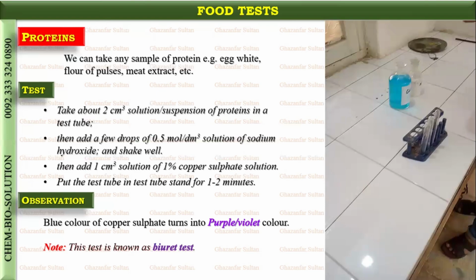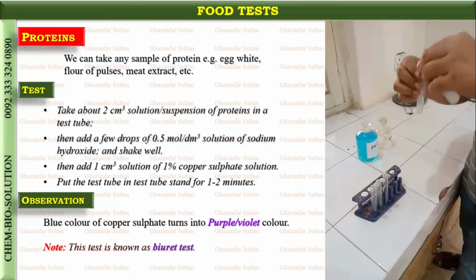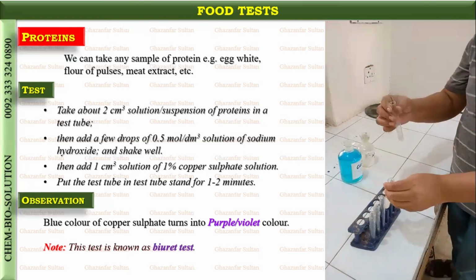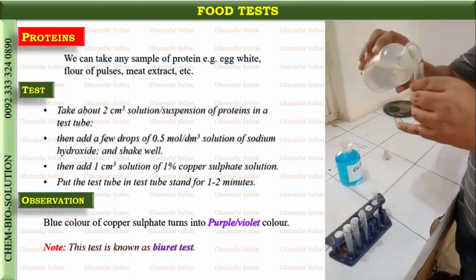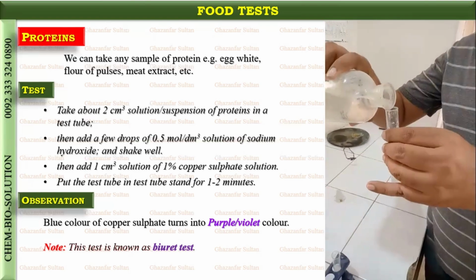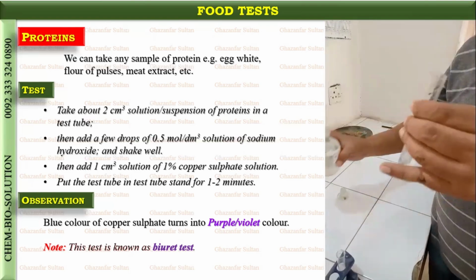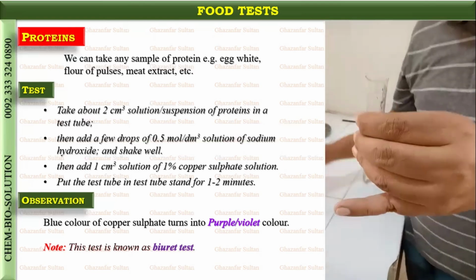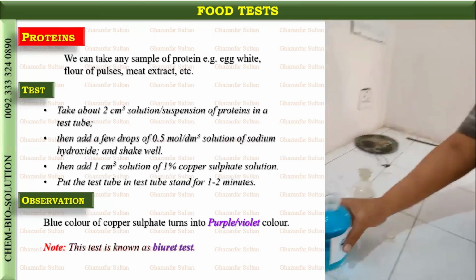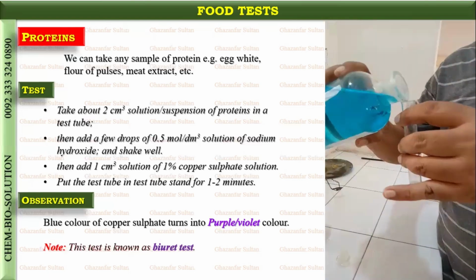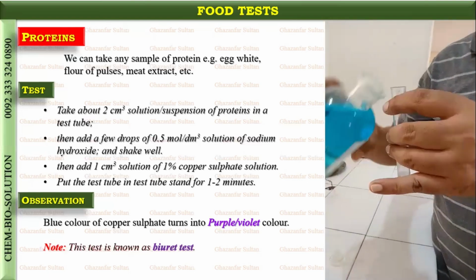Now you can see the video. We have taken this protein suspension in the test tube, and then we are adding sodium hydroxide. And after adding the sodium hydroxide, we are adding a few drops of copper sulfate.